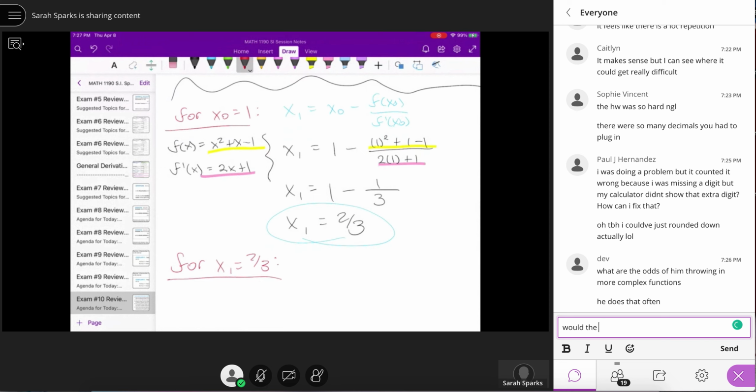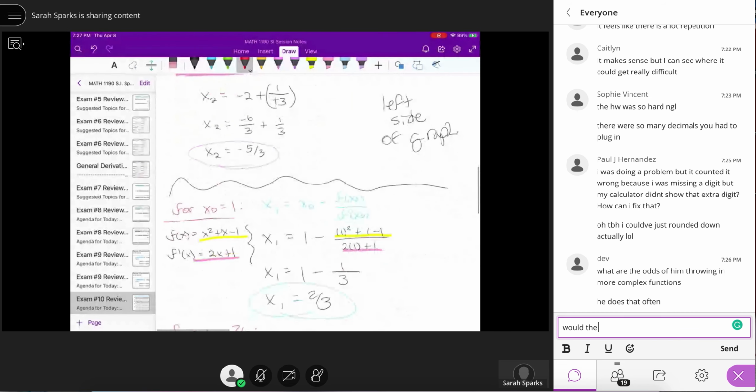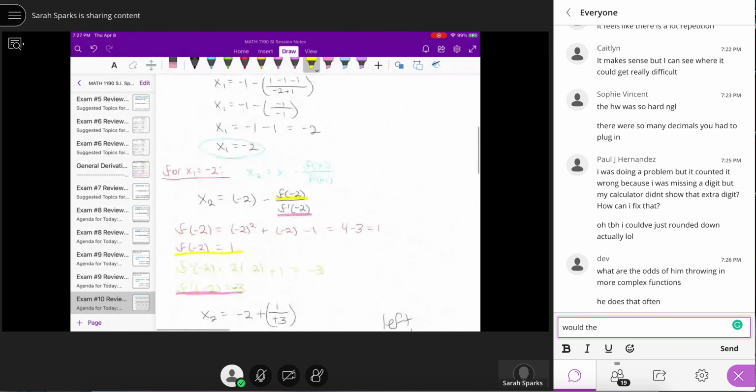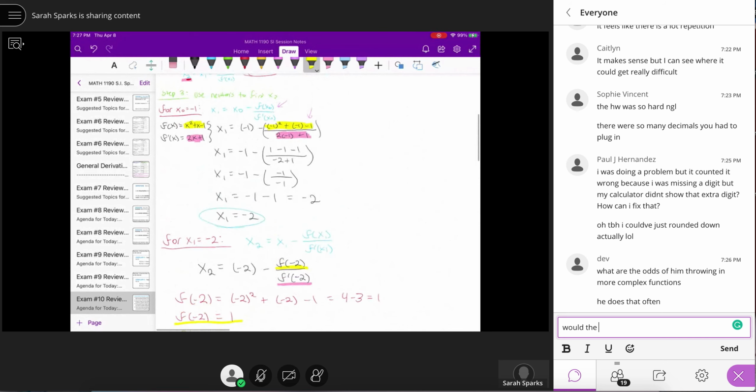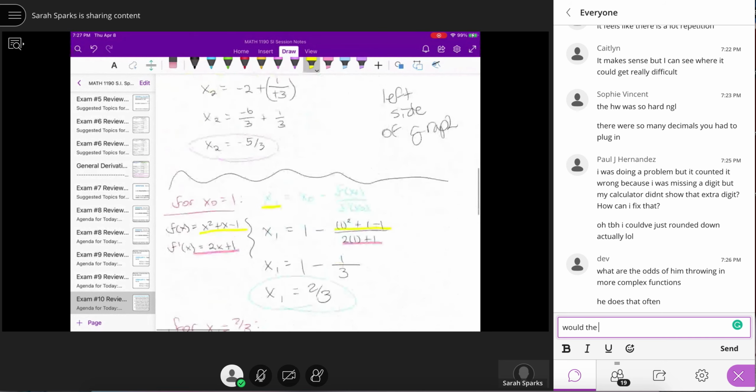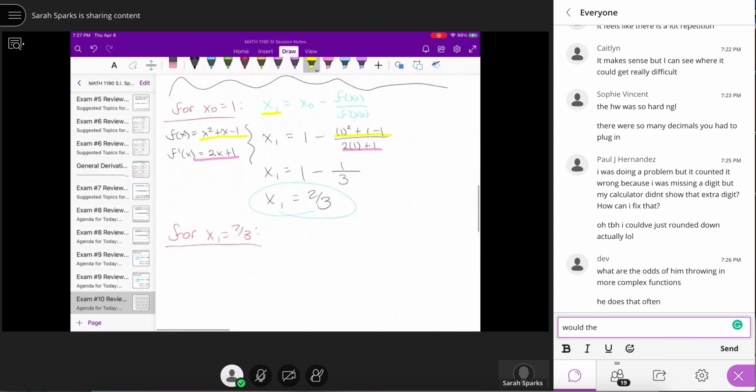I'm just doing this to keep track of where you are. You could do this one iteration with both positive 1 and negative 1, but I think it might be a little confusing. I feel like it's just easier to do one x0 value and then do the other, if there are two. So that's what I'm going to keep doing.